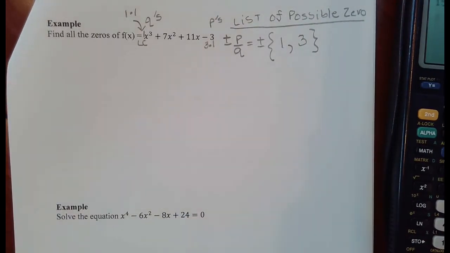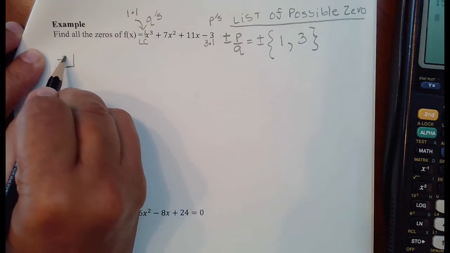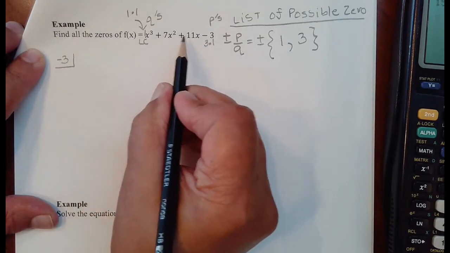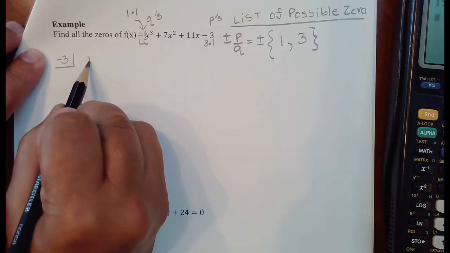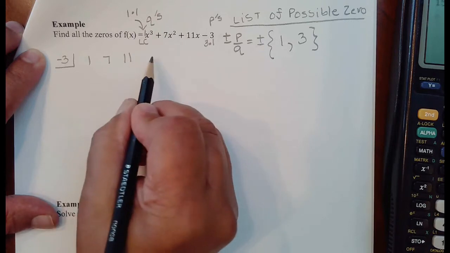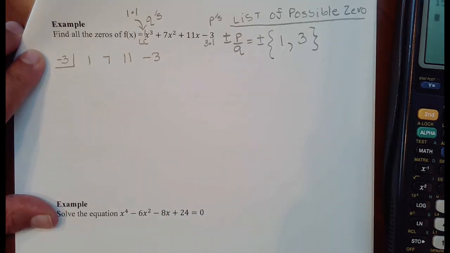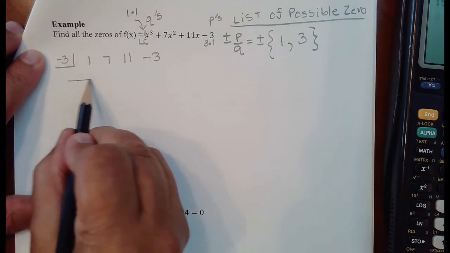So I already know that -3 is going to work. So I'm just going to use it as that very first value that I show synthetically dividing into 1, 7, 11, -3, so that I can bring this down to second degree and finish the problem through either factoring or quadratic formula, whatever is required.